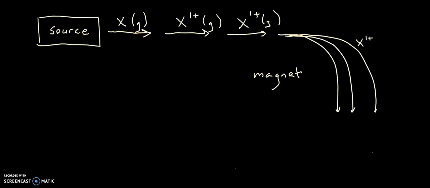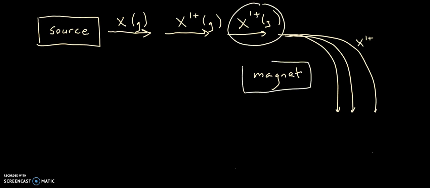Back to our mass spectrophotometer. The beam of 1 plus ions of our isotopes is exposed to a magnet. Now the magnet, because the ions are charged objects, is going to cause the beam to curve. So there'll be some radius of curvature of our beam of the charged isotopes.